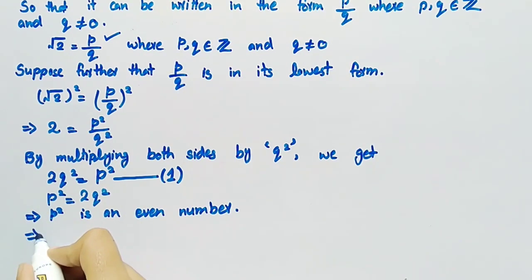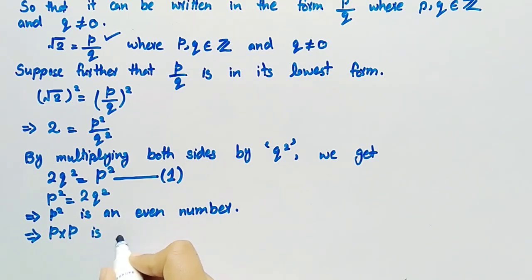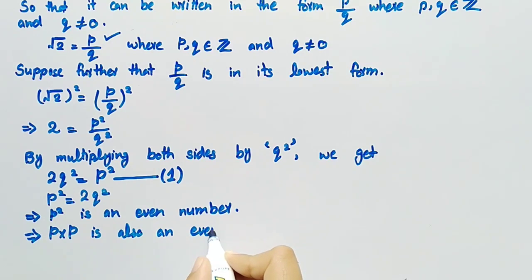Which implies that P multiplied by P is also an even number, since P square can also be written as P multiplied by P.